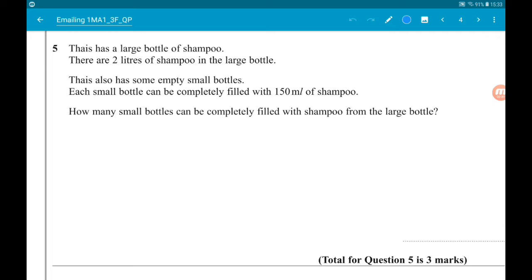We want to work out how many small bottles can be completely filled with the shampoo from the large bottle. Okay, so what we need to do here is first of all turn 2 litres into millilitres. So 1 litre is 1,000 ml, so 2 litres is 2,000 millilitres.